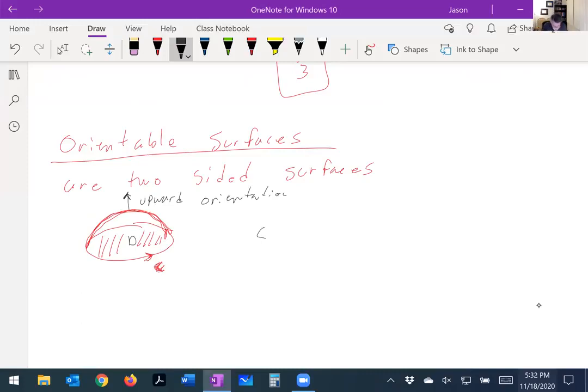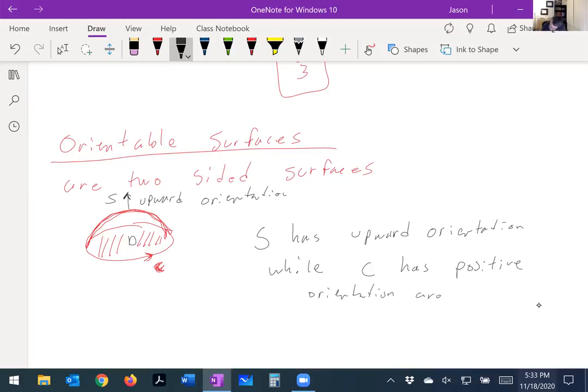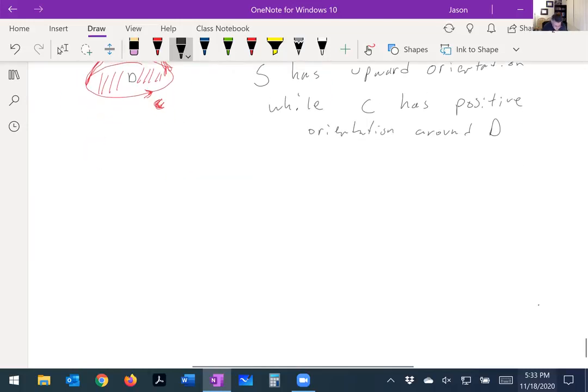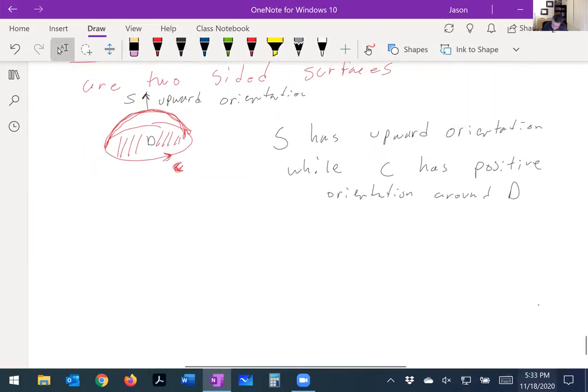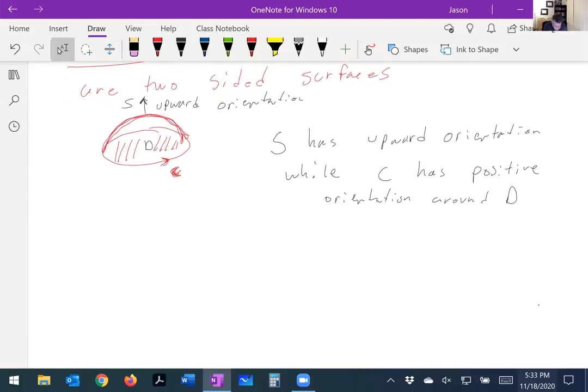Okay, so we say that S, this thing is S, has upward orientation, while C has positive orientation around D. Okay, so it's a positively oriented surface.